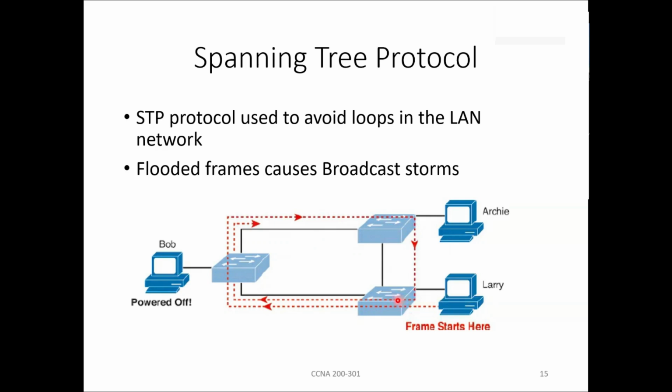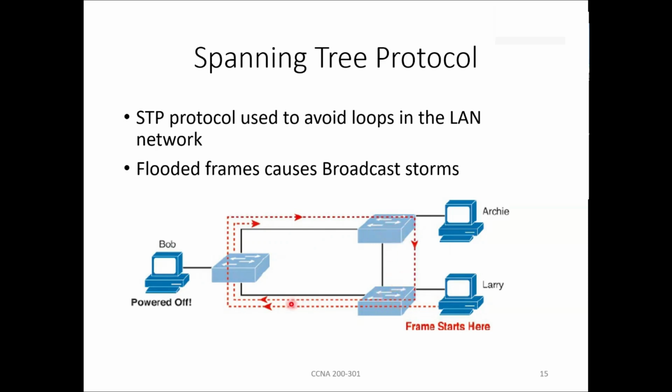Now, if Larry sends some information to Bob, and if Bob's computer is turned off, then what will happen with the frame? A switch always forwards the frame. A switch never sends the frame backward or returns the frame. So that means the switch will forward the frame to the next switch, and then this switch will also forward the frame to this switch, Larry's switch.